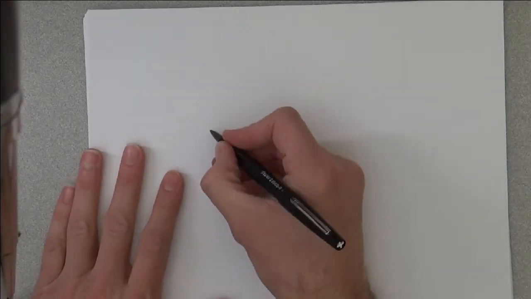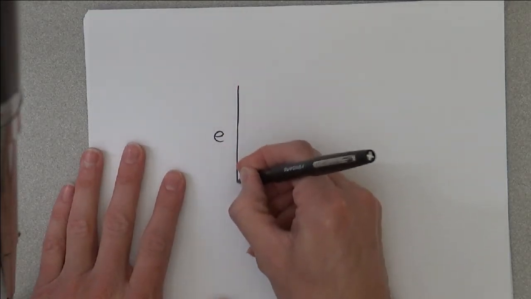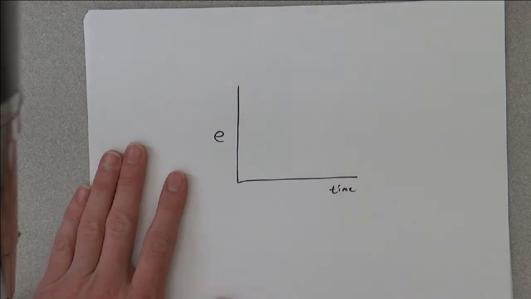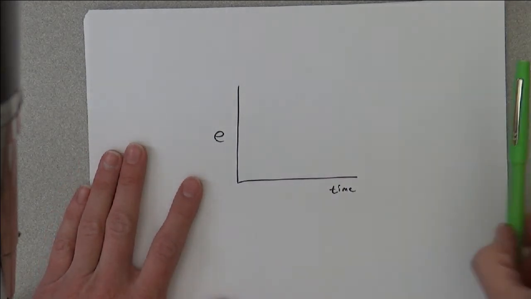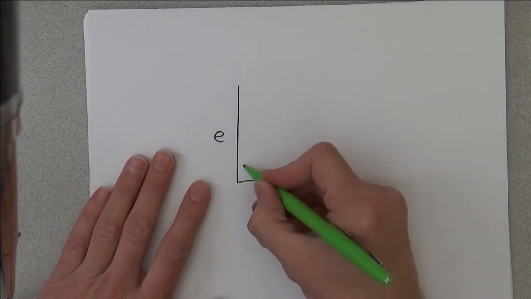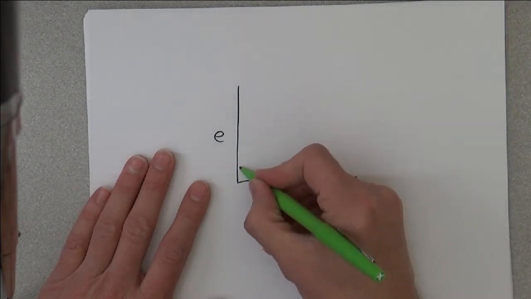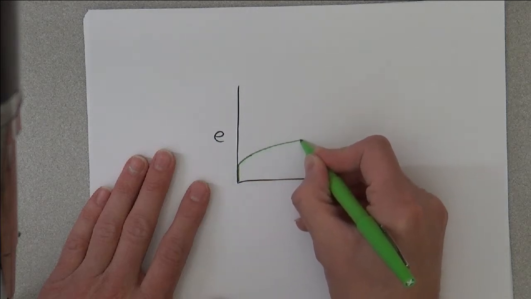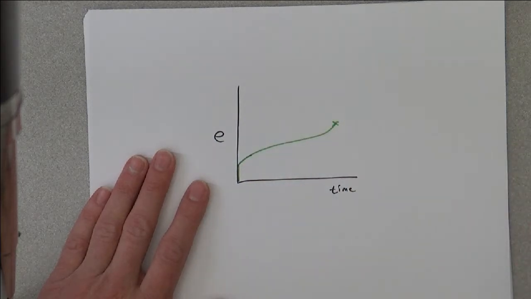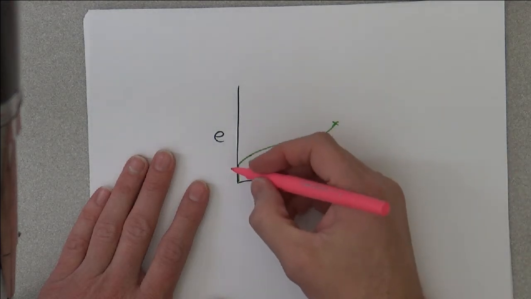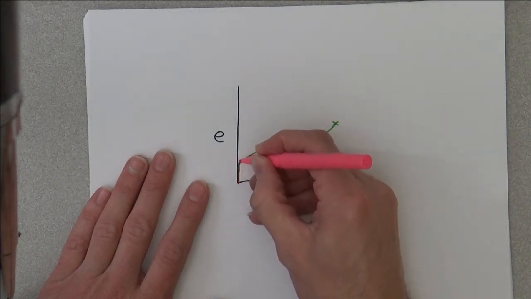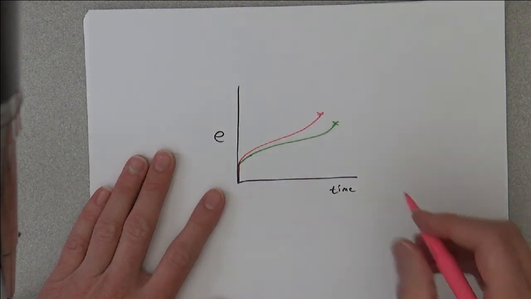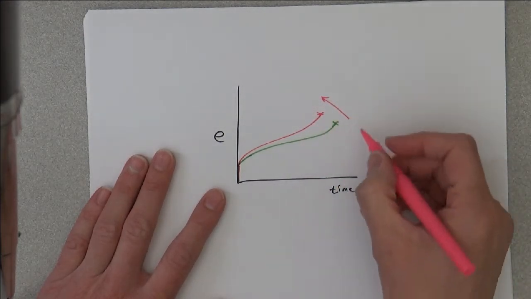So if we have our strain versus time, we have, say, one part and it does something like this, we might have another that does something like that. And this corresponds to increasing temperature.